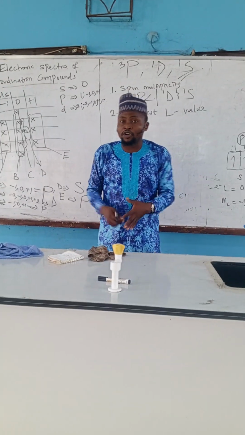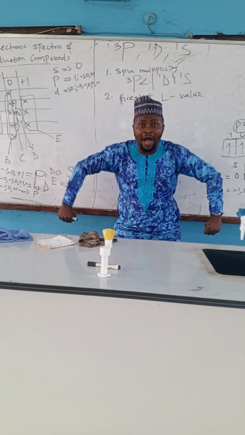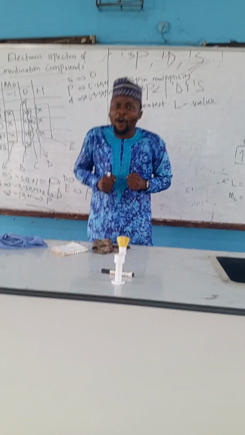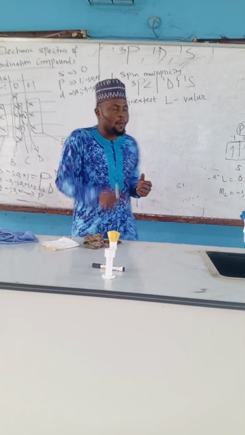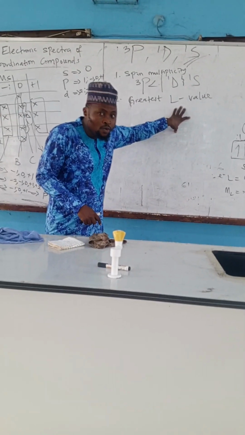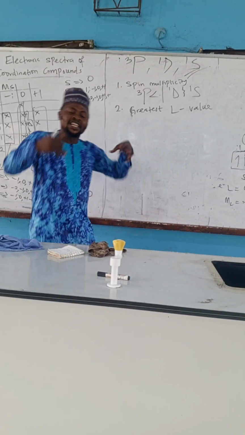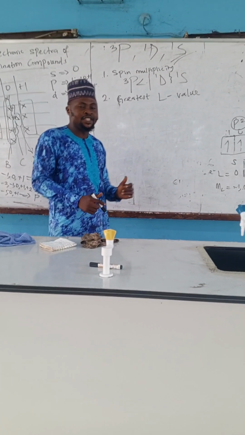There are 2 people on the sprint. One is very huge, like Yokohama. The other one is fit. The fitter one will have more energy to run than the bigger one. So the bigger the L value, the lower its energy. The bigger the spin multiplicity, the lower the energy. So the bigger the L value, the lower the energy.